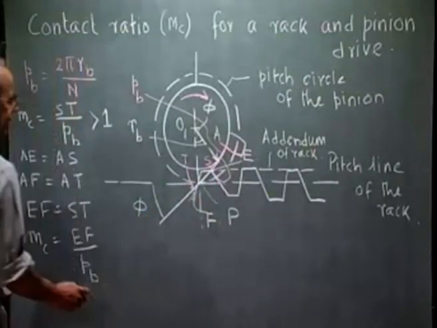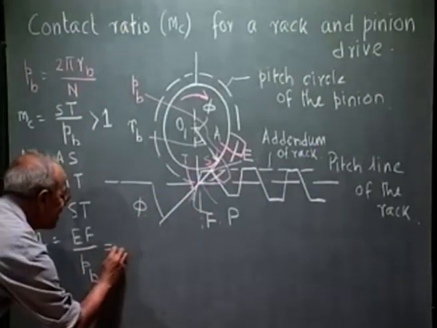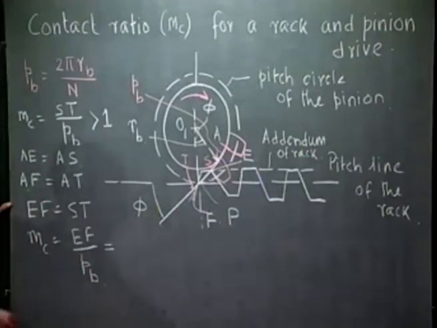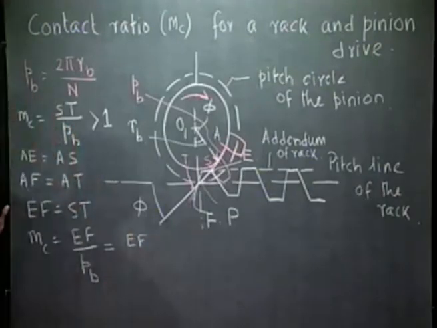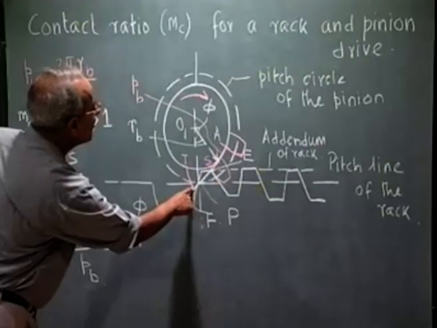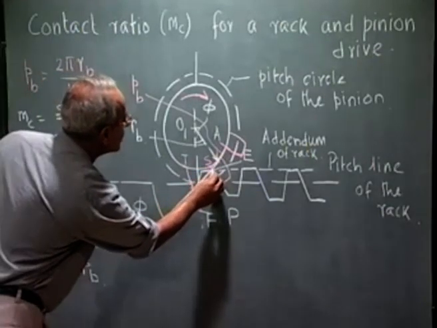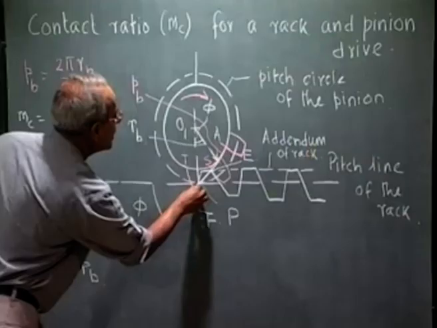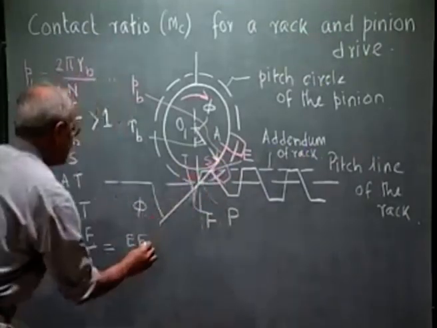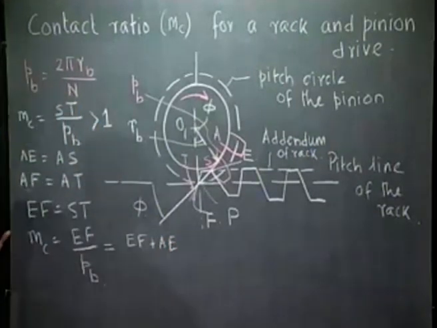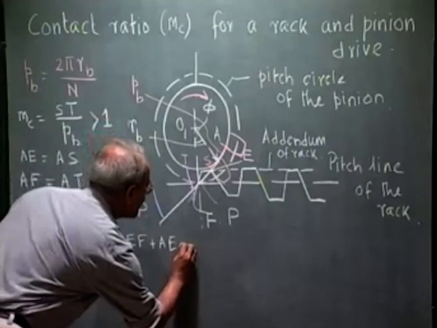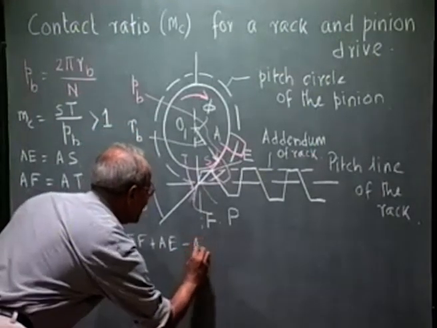EF I can write as, this is EF, this point is E, this point is F. So, I add AE and I also subtract AE.